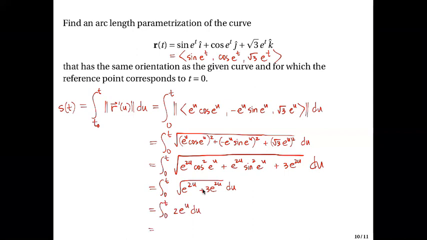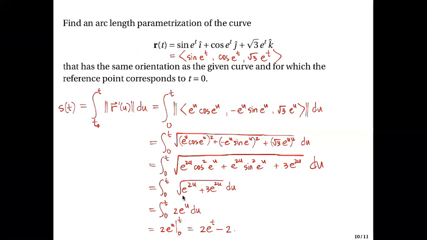And this is what? 2 e to the u evaluated from 0 to t. So this is 2 e to the t minus 2 e to the 0, which is just 2. So this is our s of t.